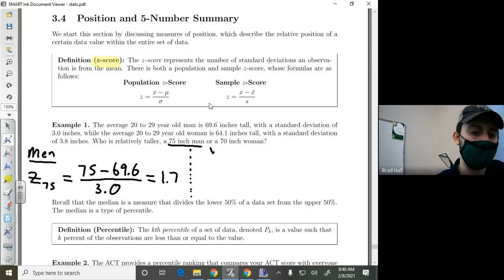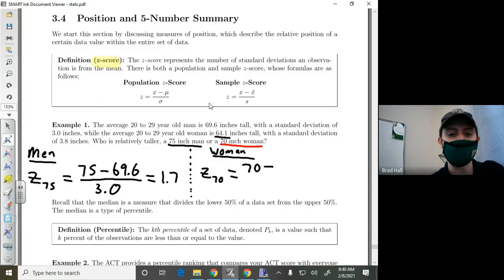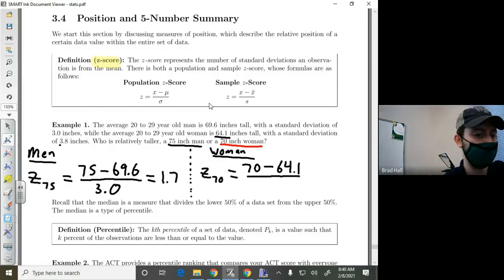Now let's look at the woman. So here's the z-score. I'm going to do z with a little 70 next to it because we're observing a 70-inch woman. This is 70 minus the mean for women, which is 64.1 inches tall, divided by the standard deviation for women, which was 3.8 inches.